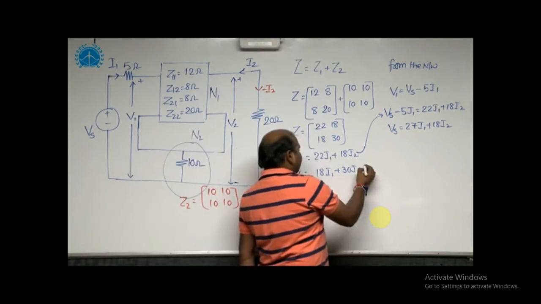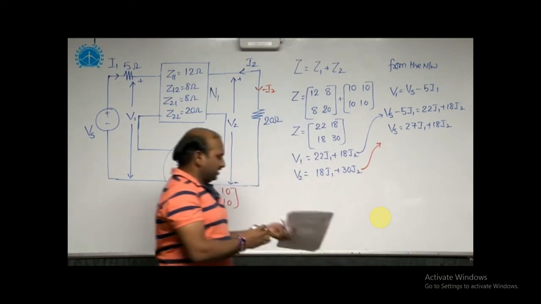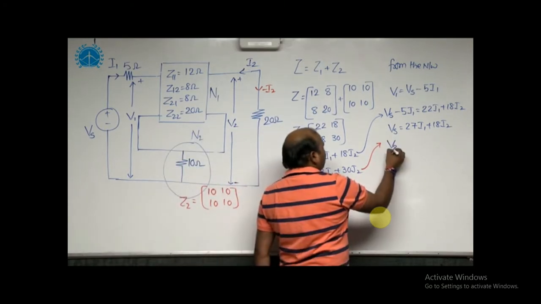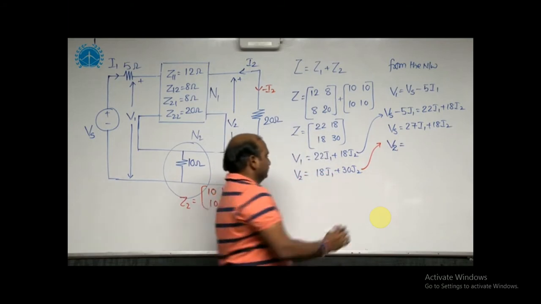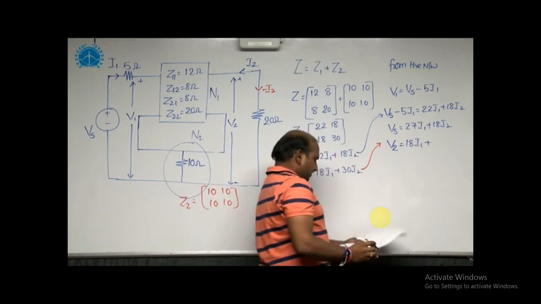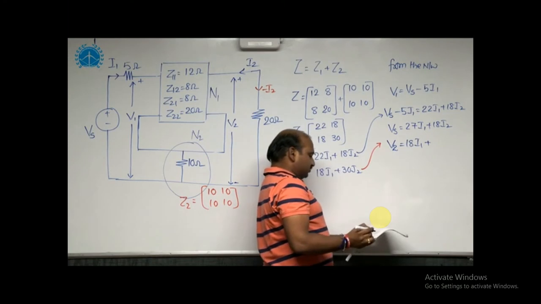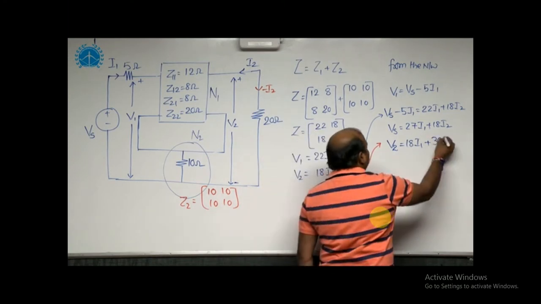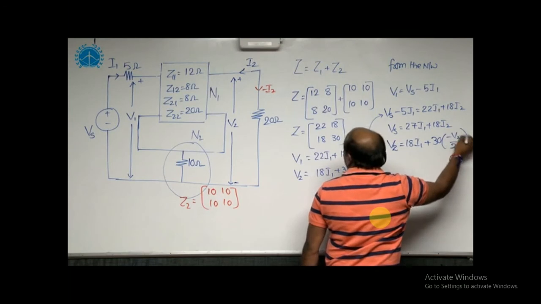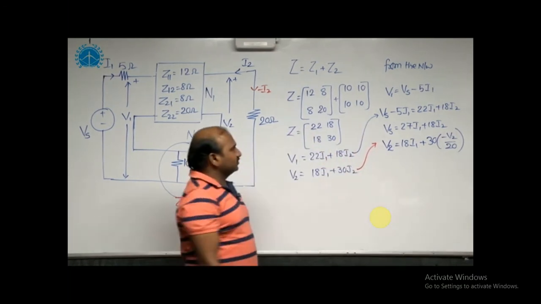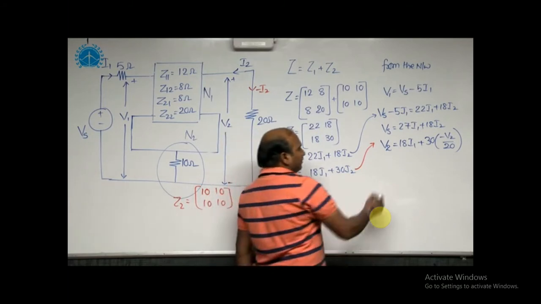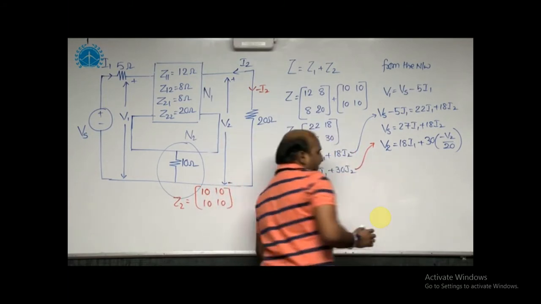Now from the second equation, V2 is equal to 18 times I1 plus 30 times I2. The I2 value is equal to minus V2 by 20. And I1 also we can express in terms of V1 or Vs. By using these two equations, I can get the V2 relation.